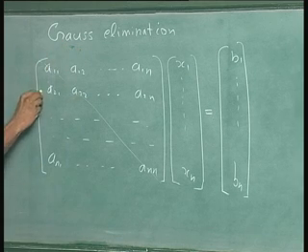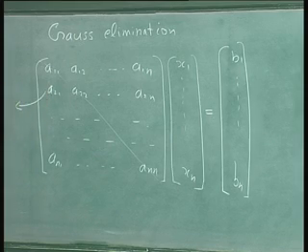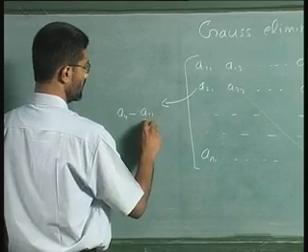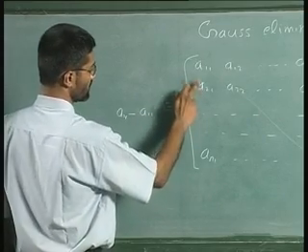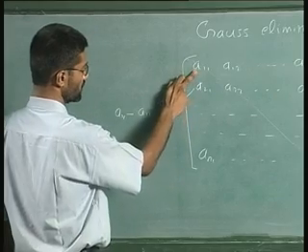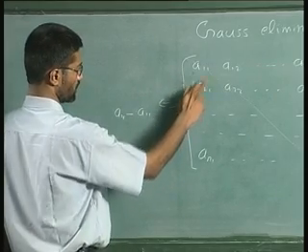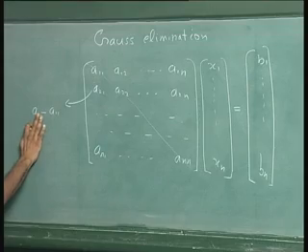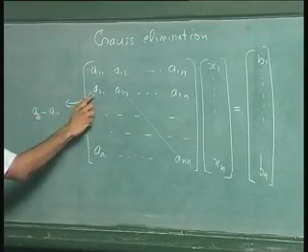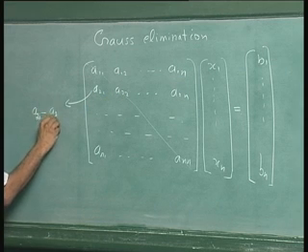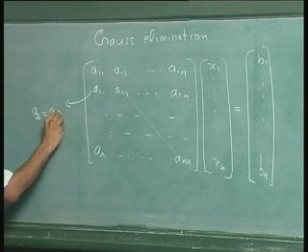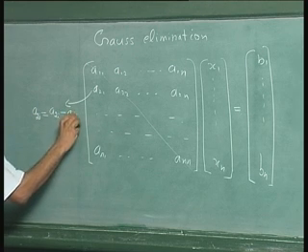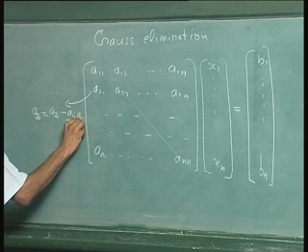For that we replace a21, for example, by a21 minus a11 times a21 divided by a11. We divide this whole row by a11, multiply by a21 and subtract from this. So all elements in this row a2i get replaced by a2i minus a1i divided by a11 into a21.